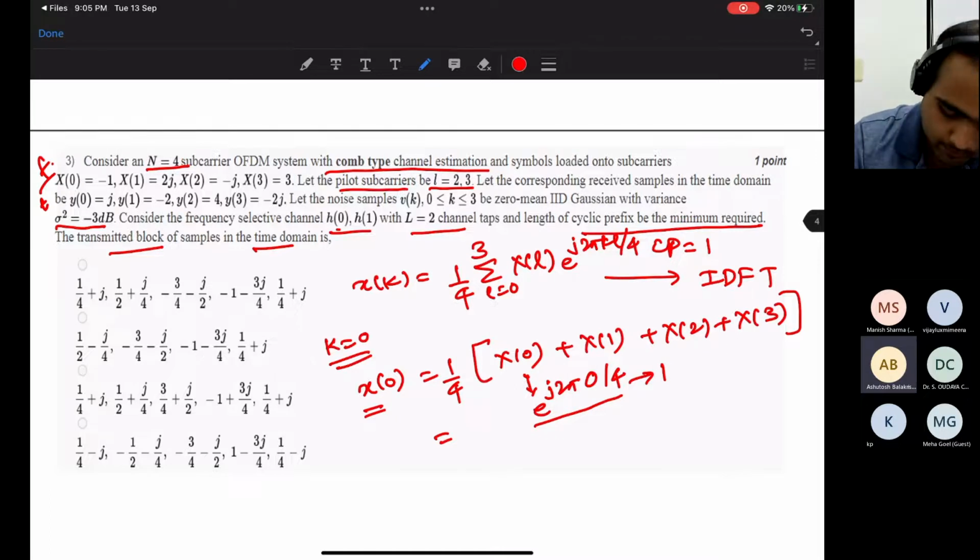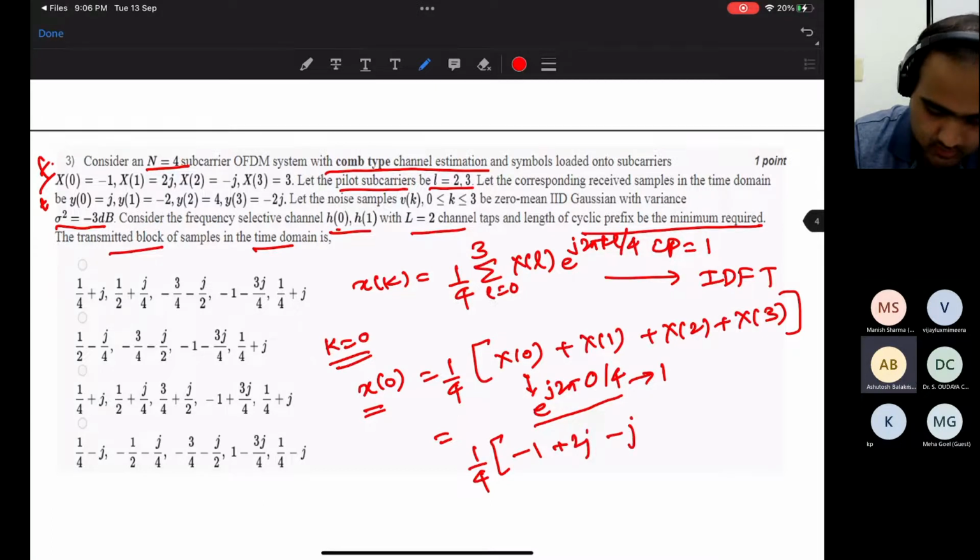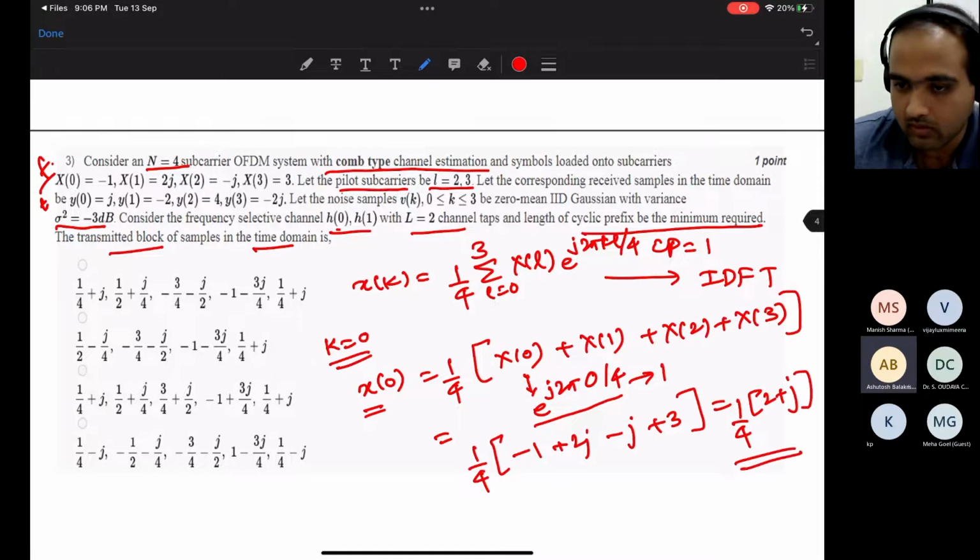So this will be 1 by 4 and we are just going to add all the x's. So we have -1 plus 2j minus j plus 3, and this is 1 by 4, 2 plus j, right?